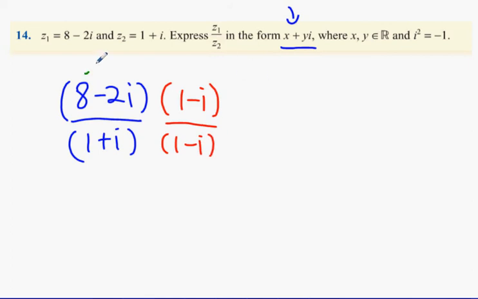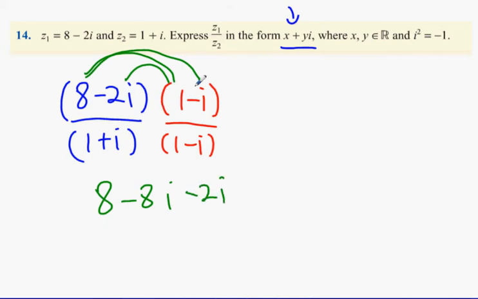Look what happens. 8 minus 8i. Then after that, 2i times 1 is 2i, minus 2i times minus i, plus 2i squared. And what's i squared? Minus 1. So 2 times minus 1 is minus 2.